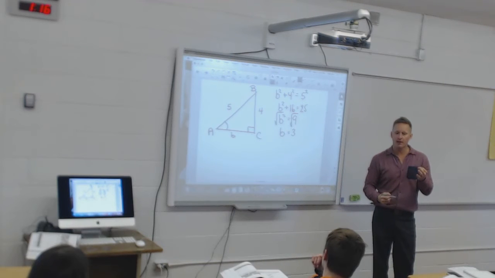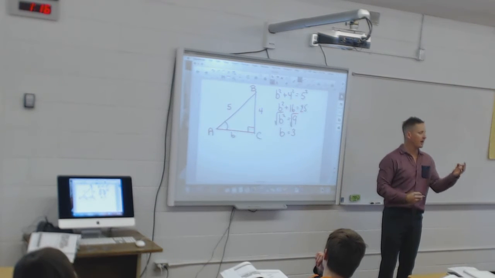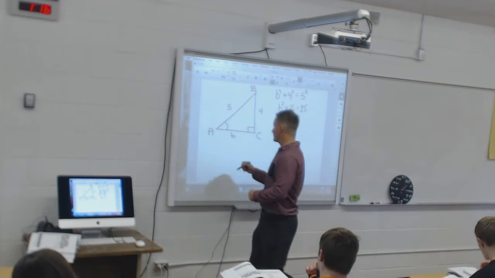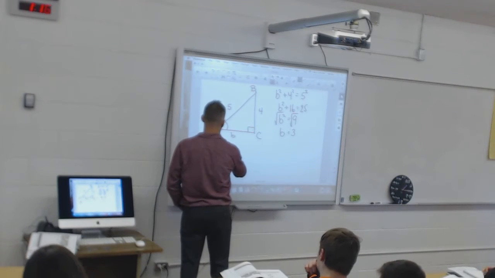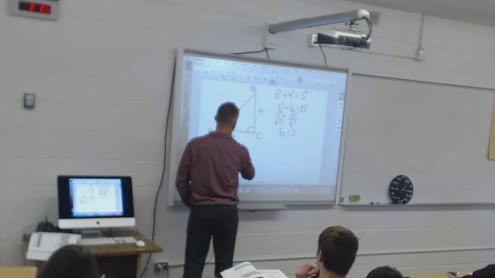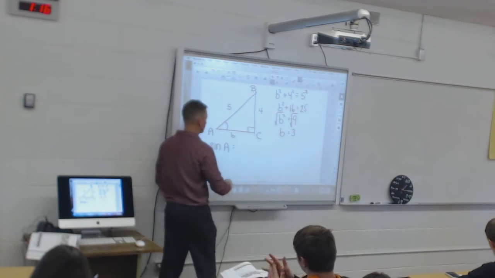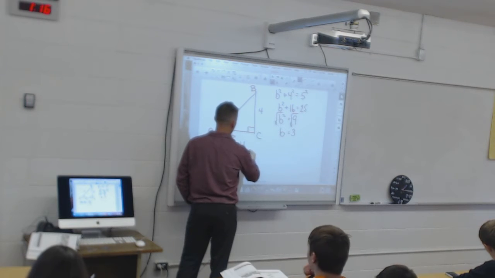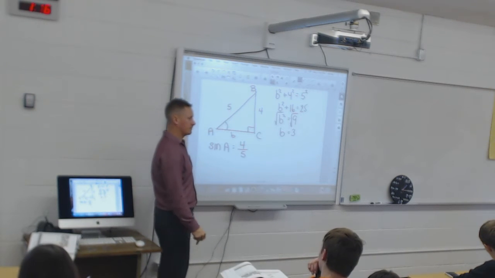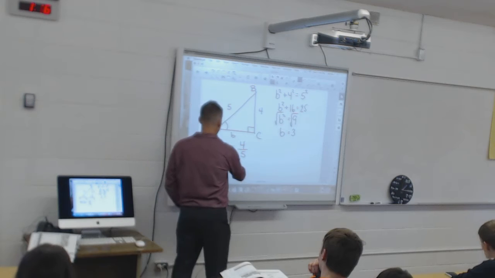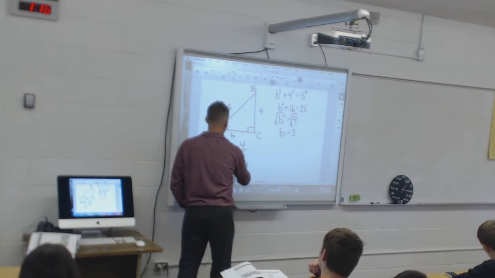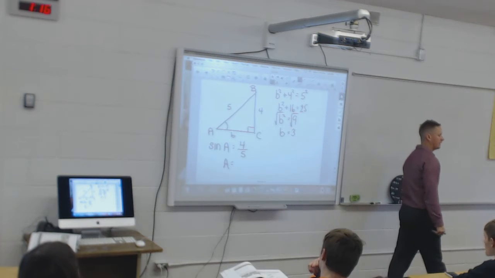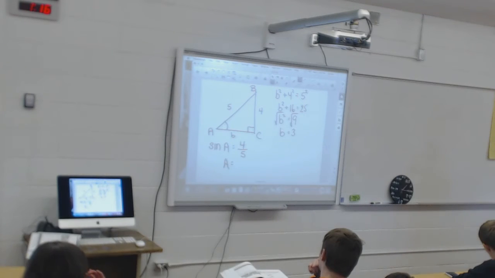Which one of the 3 trig functions is opposite over hypotenuse? Sine. So now I write this out: sine A equals side opposite over hypotenuse. So my side opposite is 4, my hypotenuse is 5.